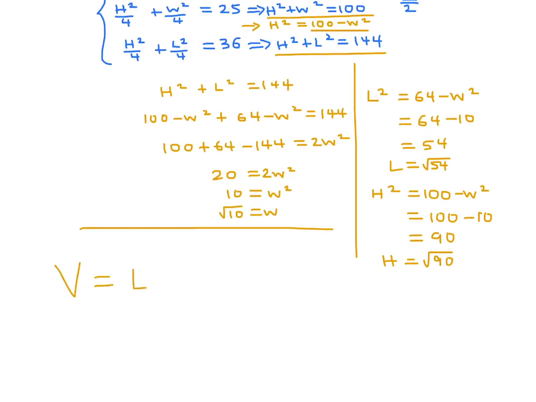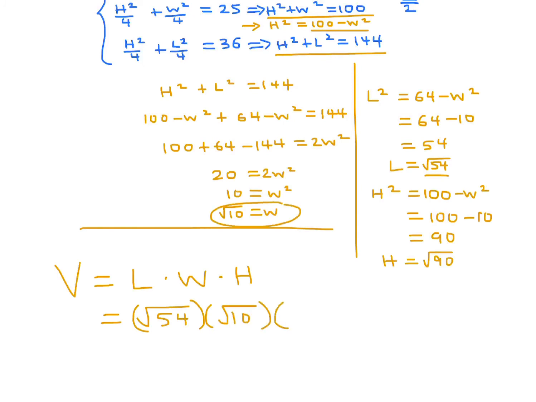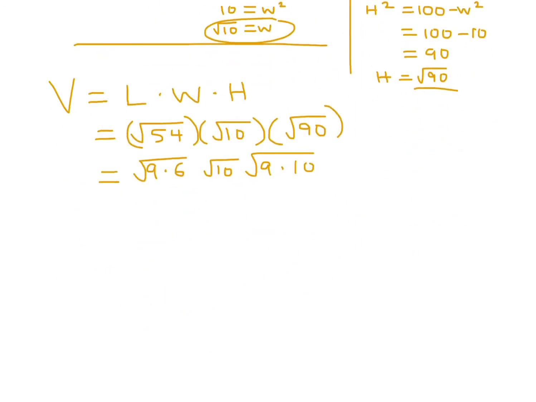So the volume of the box is length times width times height, like that. Length is root 54. Width is root 10, right here. Height is root 90. And then if you do this, there are a lot of ways of doing it. This looks like, let's see here, 9 times 6 under the root sign, root 10, 9 times 10 under the root sign.